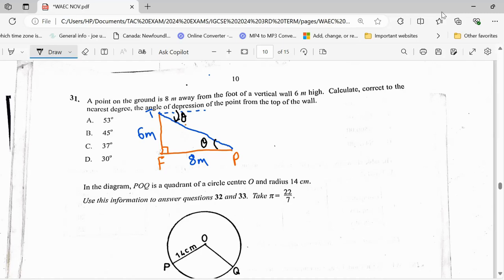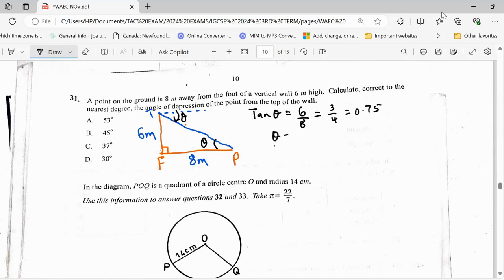So now, since opposite and adjacent are given, we take tan. So we say tan theta is 6/8, which when you reduce is 3/4 or 0.75.